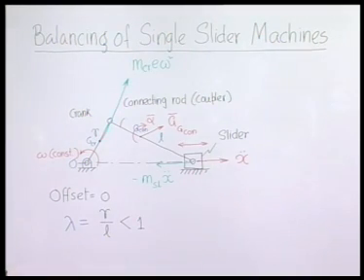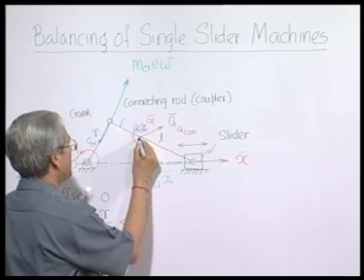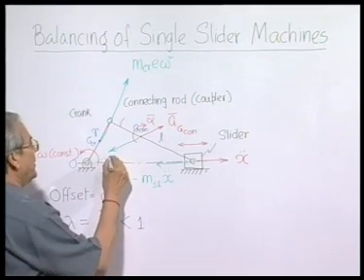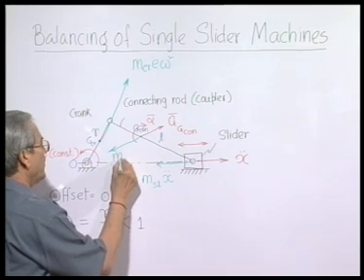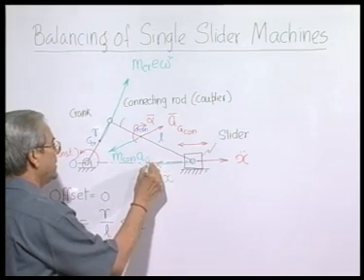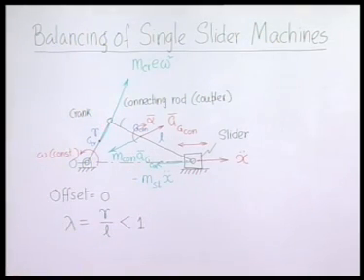At this instant, therefore, the unbalanced force produced by this, which will be felt by the support or the bearing structure, will be m connecting rod into A_g connecting.